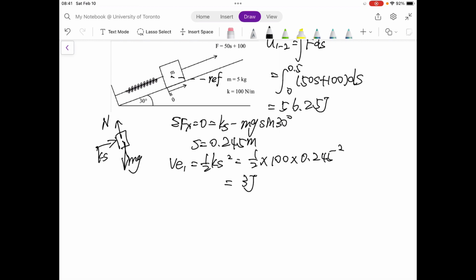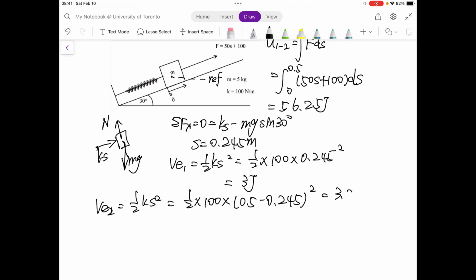And what we still need to calculate is the Ve2, because we assume that the spring is compressed at the first time, but after the displacement, it will be expanded. So the new displacement will be 0.5 minus 0.245, and Ve2 is equal to 3.25 joule.